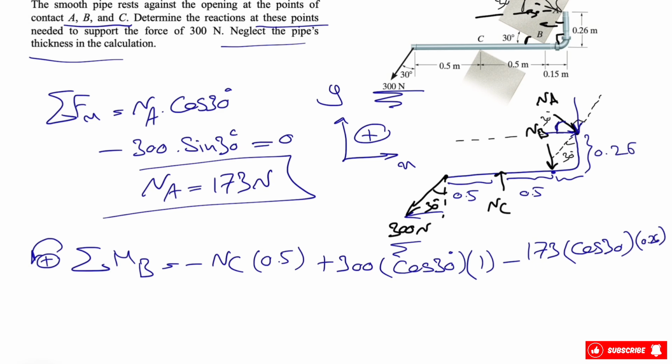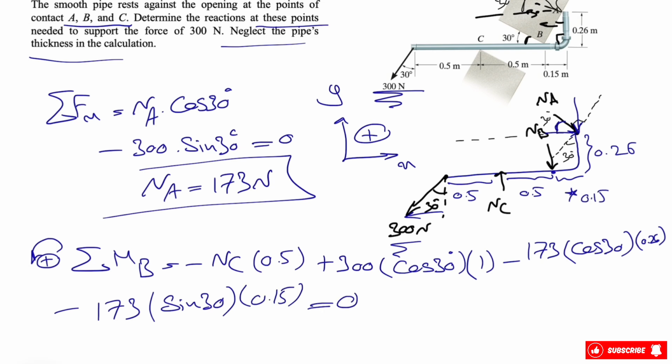And the last one is the Y component of NA. So we have NA, which was 173, times sine of 30, and the distance will be what we have in here, which is 0.15. Now we can find the normal force at point C, which would be 460 Newton.